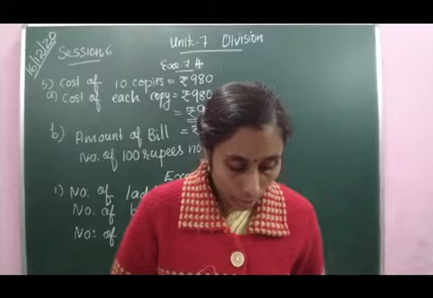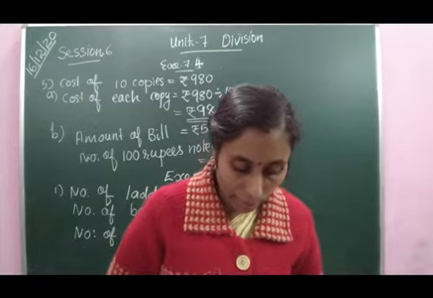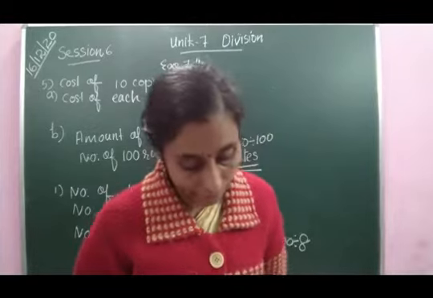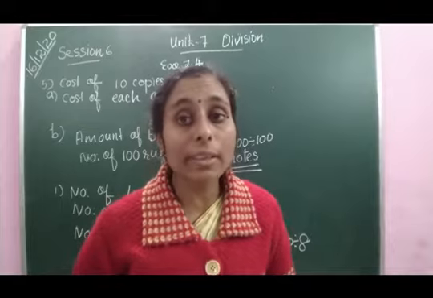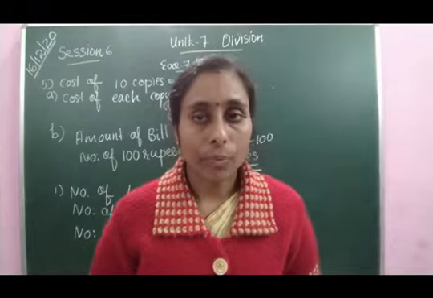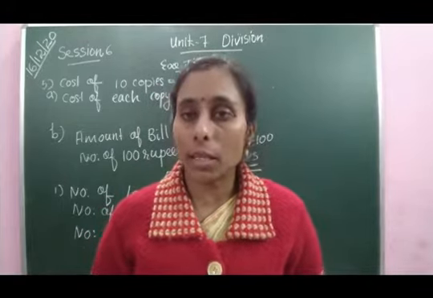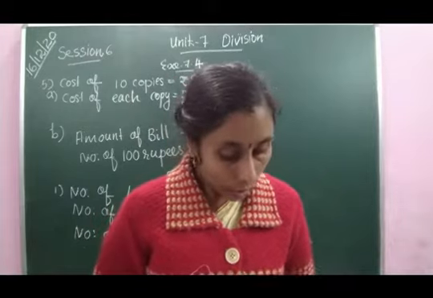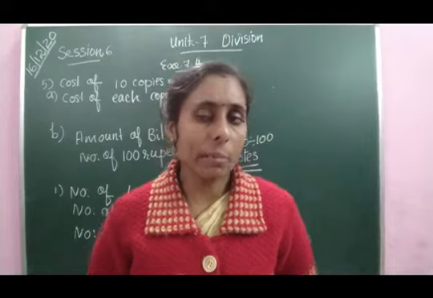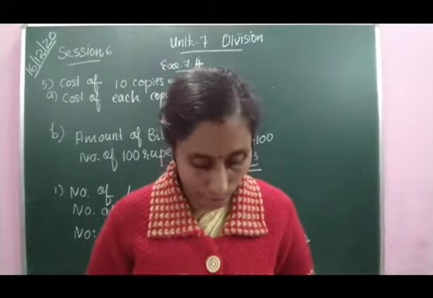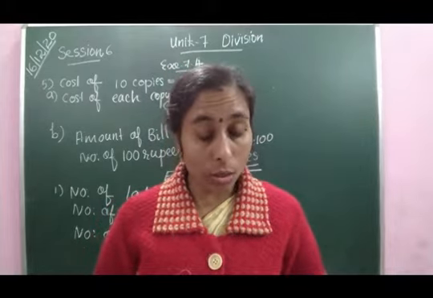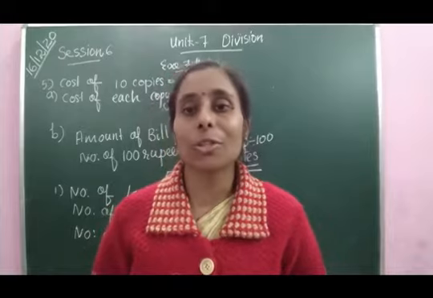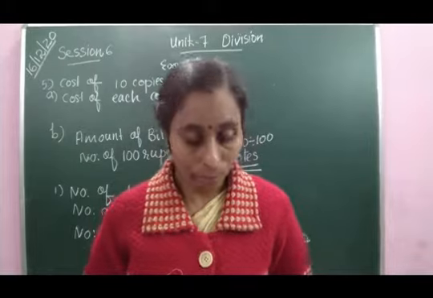Next one, find quotient and remainder in each case and complete the table. 200 divided by 100. Dividing by 100, the last two numbers will change as remainder. 0, 0, that means 0. 0 is remainder and 2 is quotient.